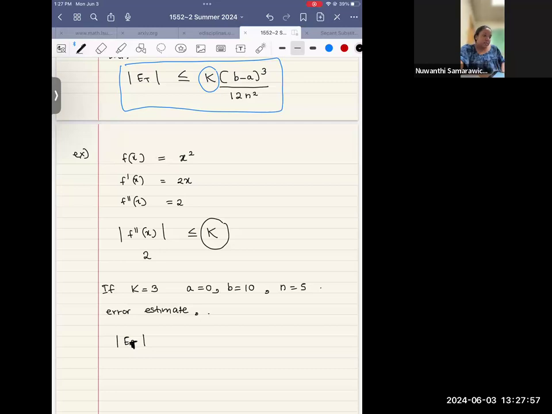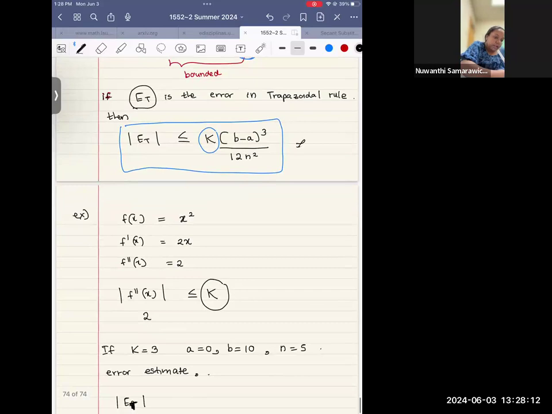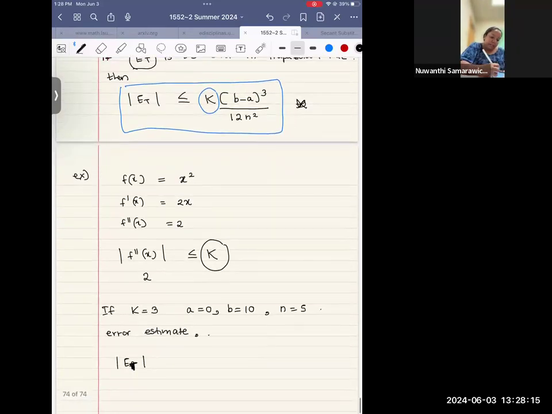Let's see. Our error estimate bound is this one. K is equal to 3, (b minus a) is 10 minus 0 to the power 3, over 12, and n is 5, so 5 squared is 25.